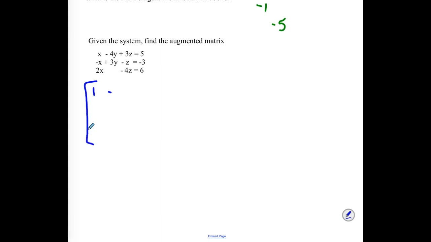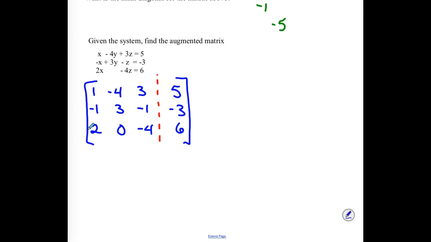First row, you should have 1, -4, 3, and 5. Second row, -1, 3, -1, -3. And third row, 2, 0, -4, and 6. Yes? Okay.